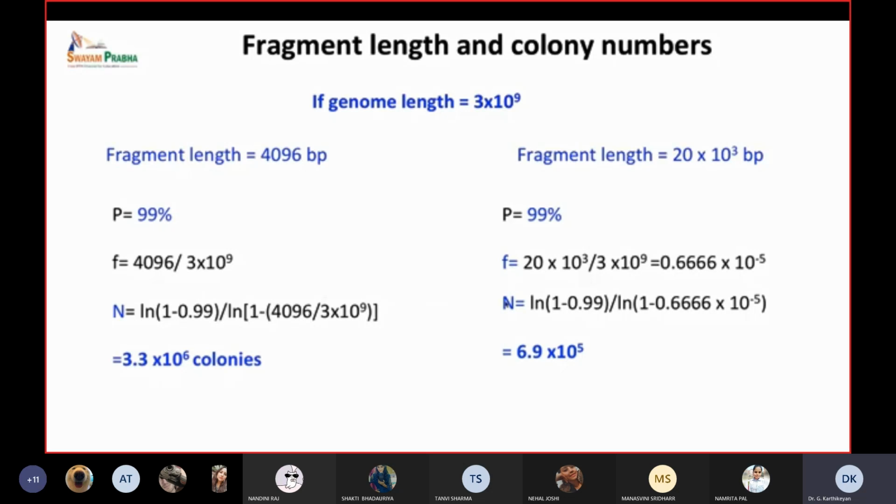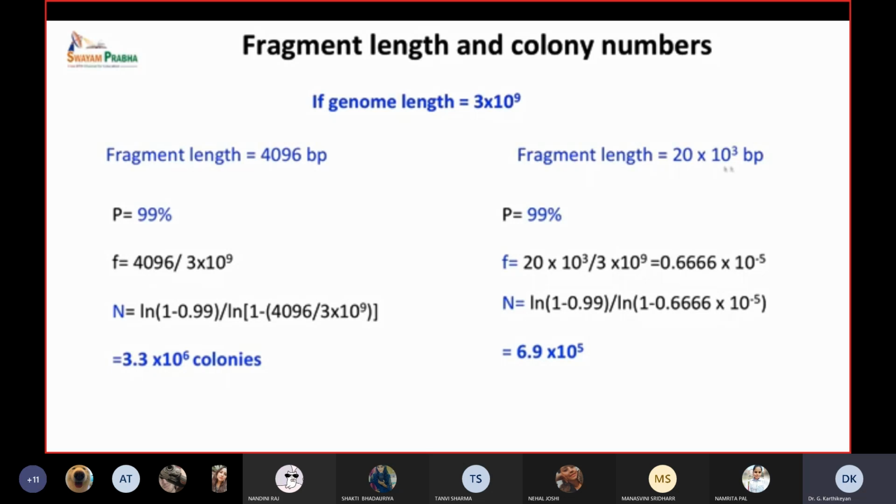When you do the calculation, for a short fragment length of about 4 kb, you need to screen 3.3 into 10 power of 6 colonies of a human genomic DNA library in order to be 99% sure of finding a gene of your interest.